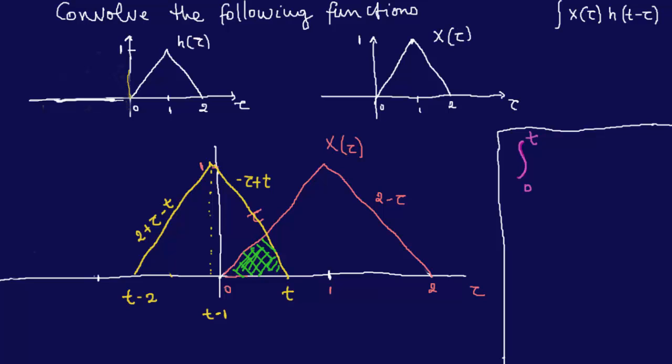X of tau is your pink line, so your x of tau here is tau. Then your h of t minus tau is bounding this one, so minus tau plus t, or t minus tau. You just solve for this integral and you get your first region of overlapping.